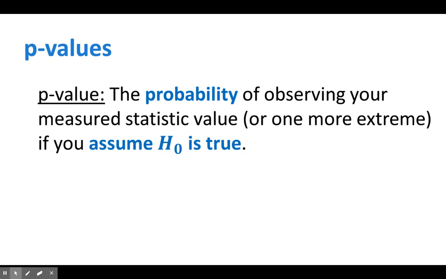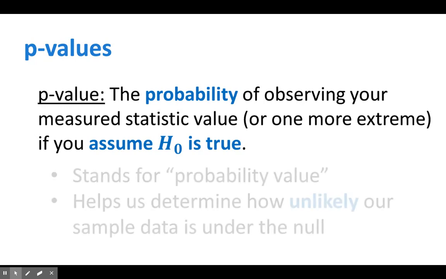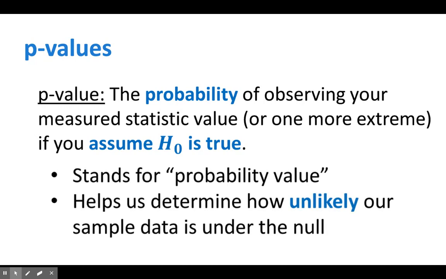The definition is the probability of observing your measured statistical value or one that is more extreme if you assume that the null hypothesis is true. Again, this is always under the assumption that the null hypothesis is true.